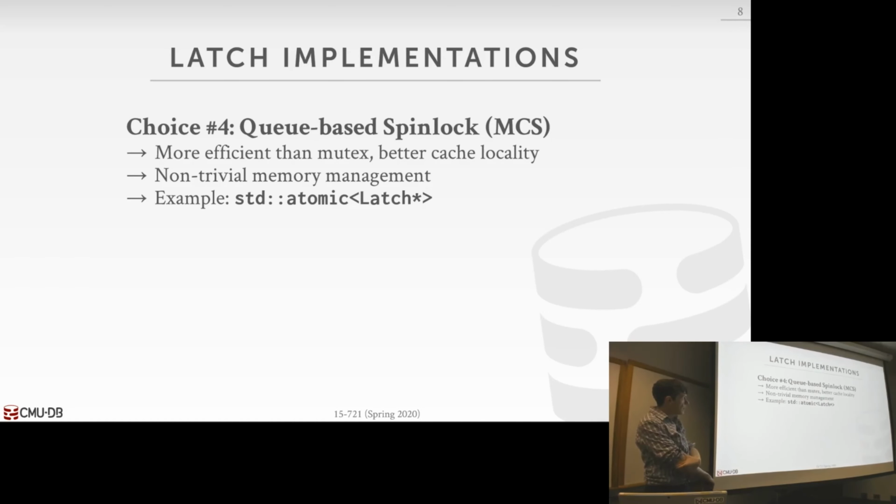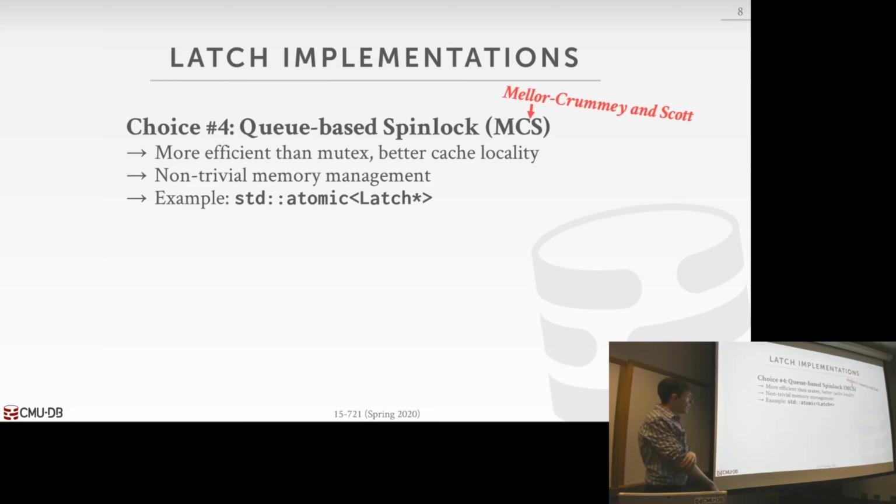You can do a queue-based spin lock, where instead of every thread blocking on the same memory location, you daisy chain them together so that one thread blocks on one location and the next thread blocks on the next location. When you start releasing them, it propagates through the queue. So when you release one of them, it's only one cache invalidation message, because only one thread is actually blocked on one location at a time.